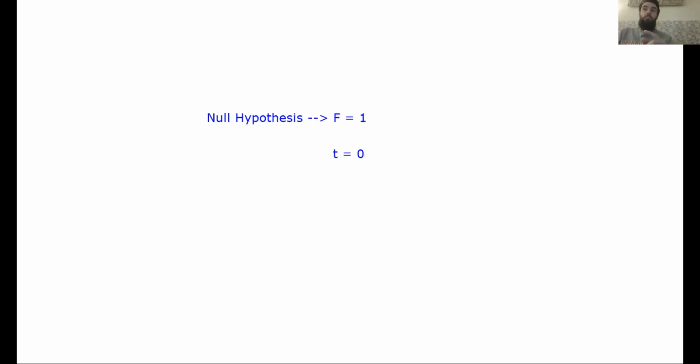The critical t value for 18 degrees of freedom is different from the critical t value for 30 degrees of freedom, which is different from 31 degrees of freedom, which is different from 32. The critical value depends on degrees of freedom. And just like with the t-test, as we have more degrees of freedom, our critical value goes down. So let's scroll down here.